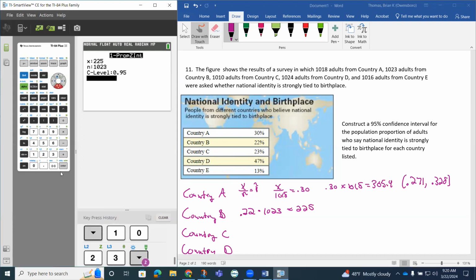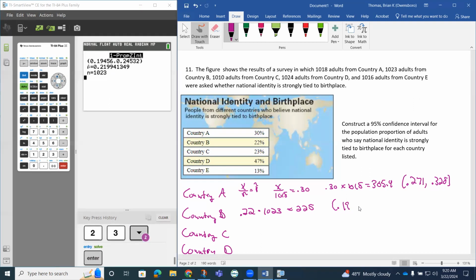Confidence level didn't change. So notice how, again, that 22% was the p hat, that's still there. Notice that our confidence interval, if we go 3 decimal places, is 0.195 to 0.245.